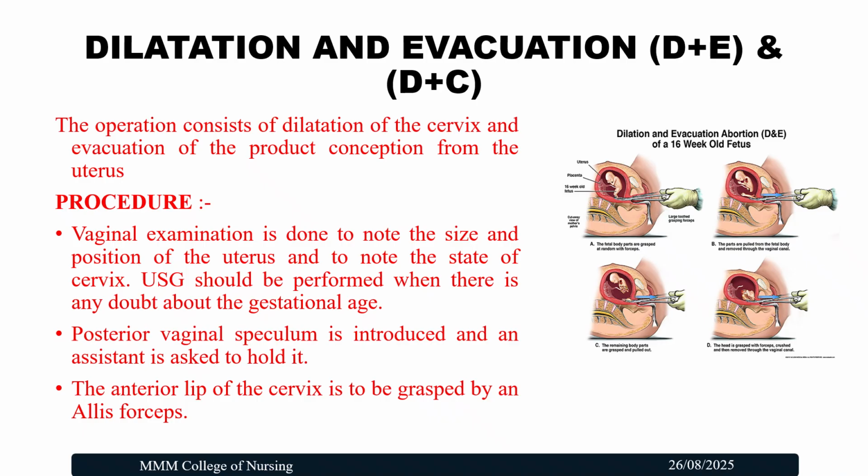Then USG should be performed when there is any doubt about the gestational age. Then a posterior vaginal speculum is introduced and an assistant is asked to hold it. The anterior lip of the cervix is grasped with an Allis forceps.